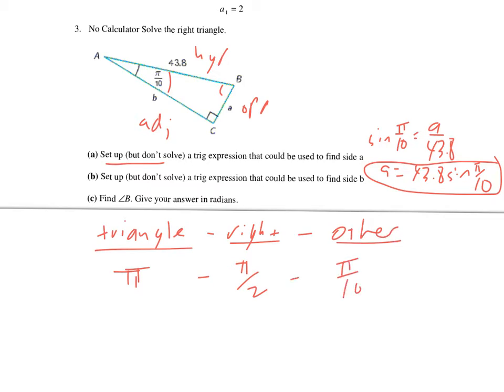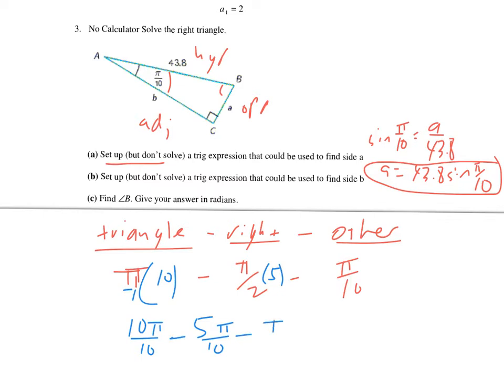It's like doing 180 minus 90 minus whatever that other angle is, except in radians. So I need a common denominator. I can make these all a 10 by multiplying that one by 5 and that one by 10. So that's going to be 10 pi over 10 minus 5 pi over 10.